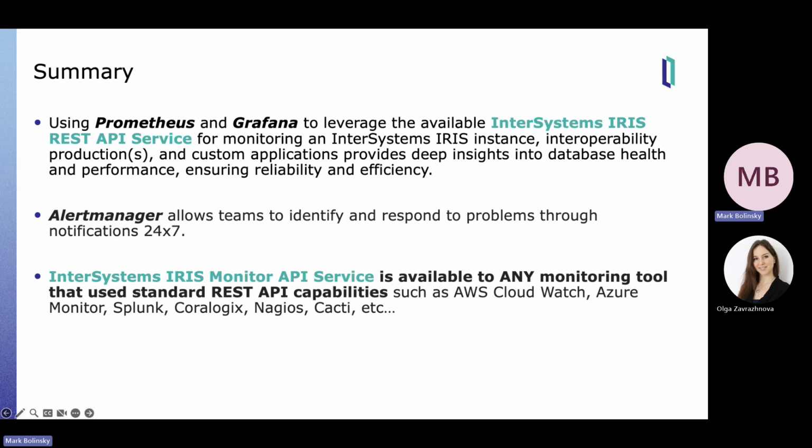And then you can do the historical trending, and then also forecasting for future capacity planning. So you know well in advance, saying, well, okay, I'm on this upward trend for the past 6 months. If it continues on that trend, maybe in 3 months, 4 months, a year, I'm going to need to add resources.